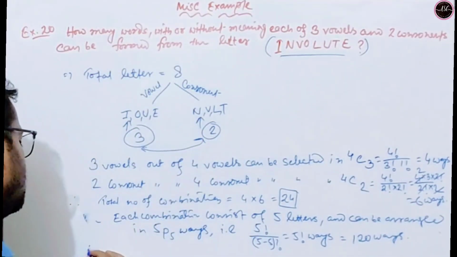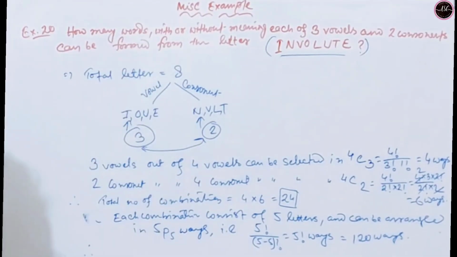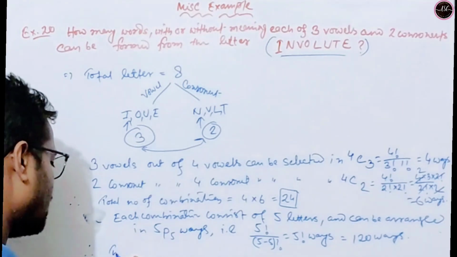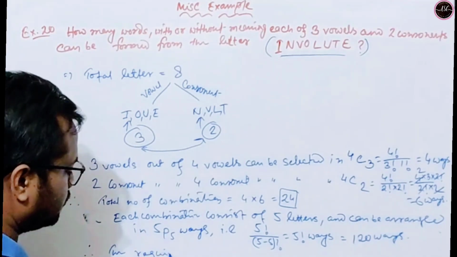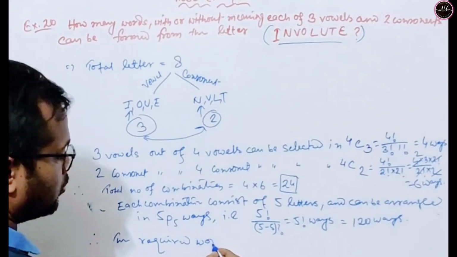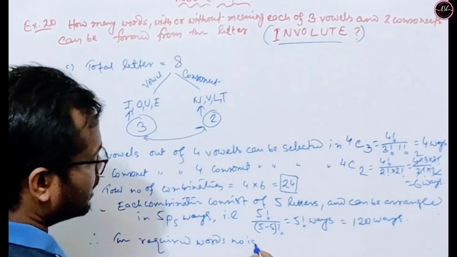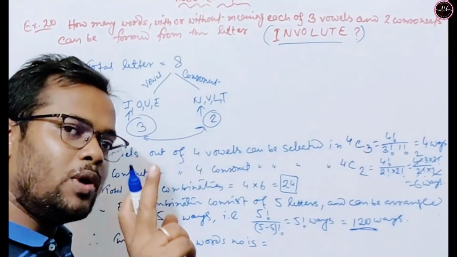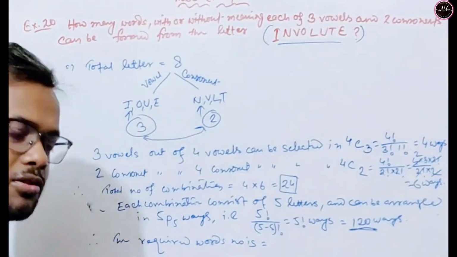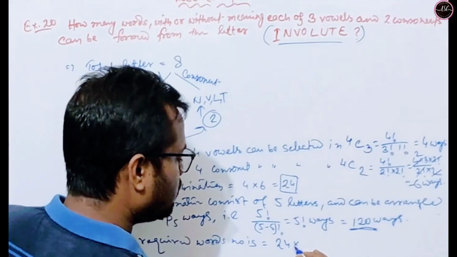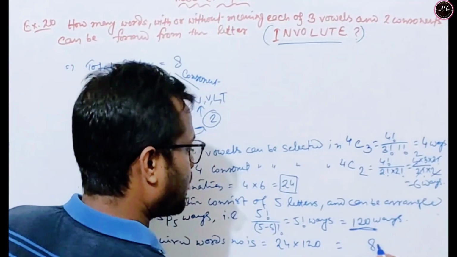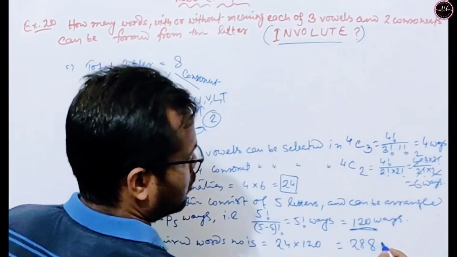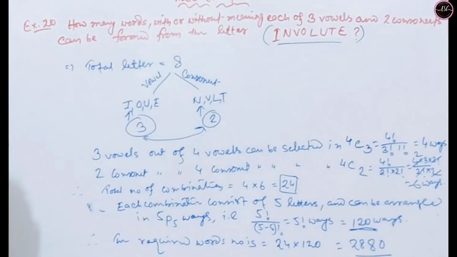So therefore, the required number of words is 120 ways for one combination. Here we have 24 combinations, so just multiply 24 into 120, and we get 2880 ways. This will be the answer.